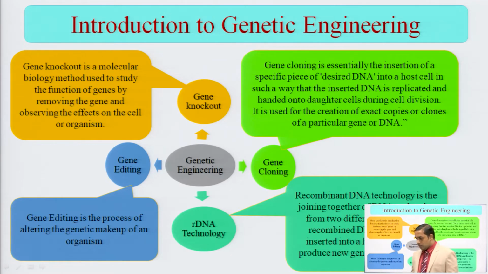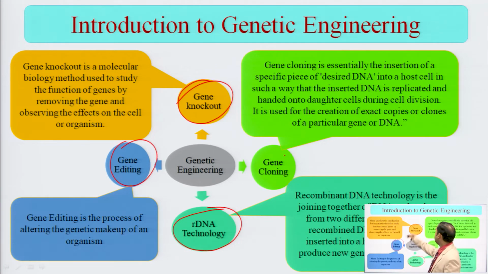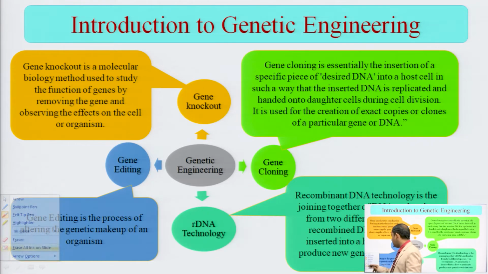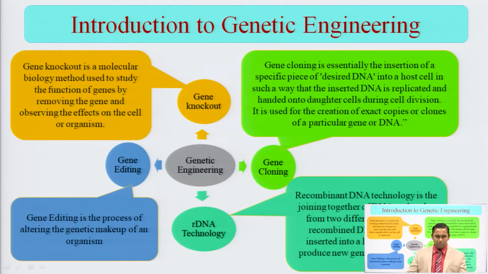Now, if I tell you about entire genetic engineering, this is not only about rDNA. Yes, genetic cloning, gene editing, gene knockout, these things also fall under genetic engineering. Cloning relies much on rDNA technology, but along with all those things, rDNA technology is the most highly used.